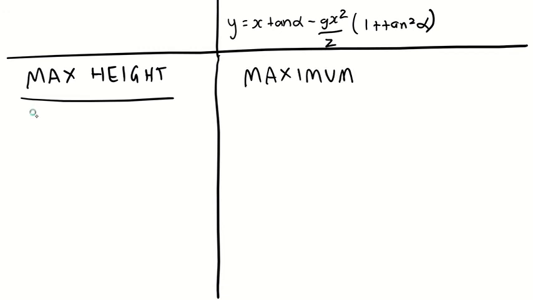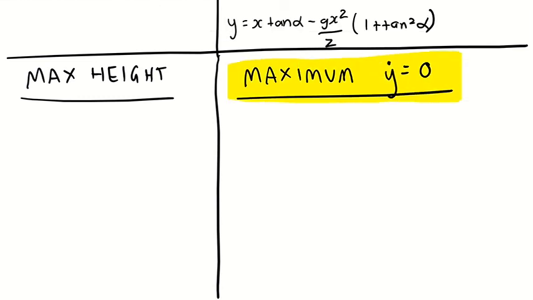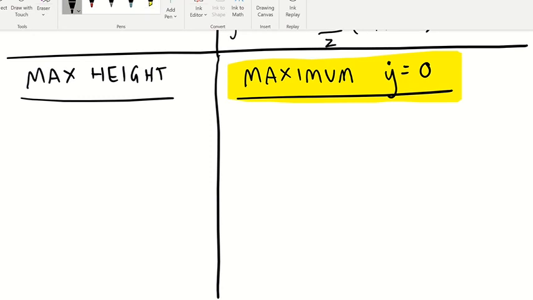My maximum occurs at my derivative equal to 0. It's the highest value that this projection will get to. Going back to your stationary points, that's how we would do it.